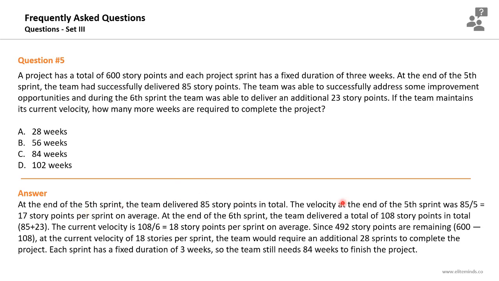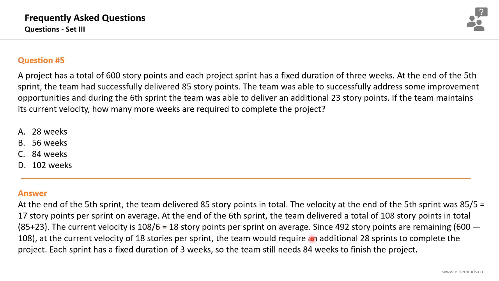The velocity at the end of the 5th sprint was 85 divided by 5, which is 17 story points per sprint on average. At the end of the 6th sprint, the team delivered a total of 108 story points, which is the 85 plus the new 23. So the current velocity of the team is 18 story points per sprint on average. So this is the current velocity of the team.